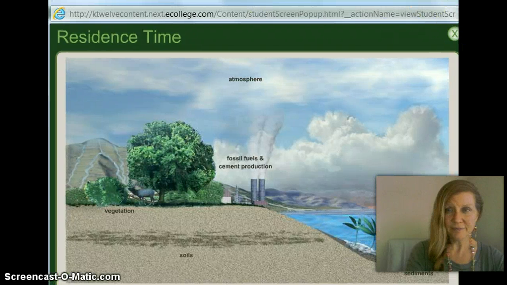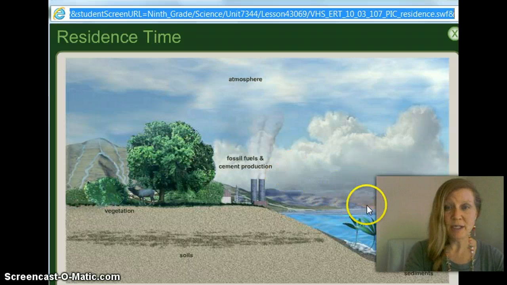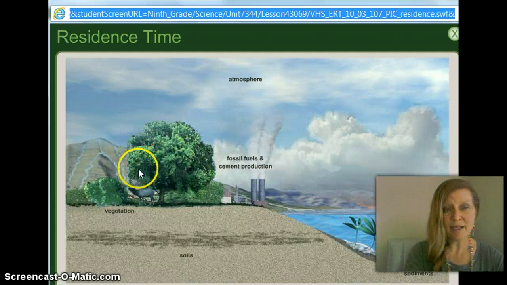This concept of resident time includes the following: as you're considering carbon in the atmosphere, carbon in vegetation, carbon being burned as a fossil fuel or in cement production, carbon present in the surface of our oceans or in the deep ocean or in buried sediment, or even in our soils, all have different resident time, meaning how long that carbon is going to be present in the vegetation, in the atmosphere, in fossil fuel burning, in our ocean.